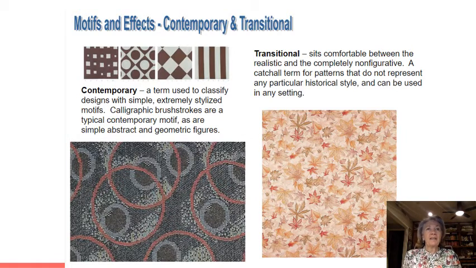This shows calligraphic brushstrokes, which are a typical contemporary motif, as are simple abstract and geometric figures. The image on the right would be called a transitional motif. It sits comfortably between the realistic and the completely non-figurative. It's a catch-all term for patterns that don't represent any particular style and can be used in any setting.